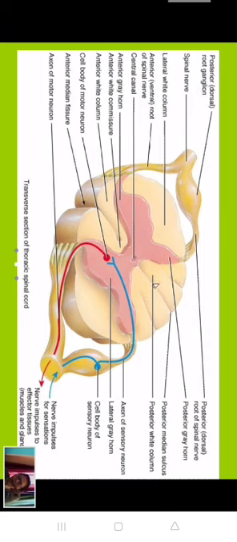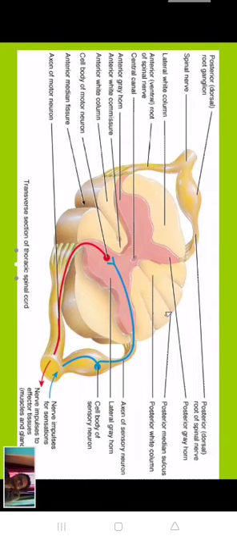Now, this spinal cord, each half is divided into two halves. On the posterior side, it is divided by the posterior median sulcus into two halves, and these are called the posterior white column.